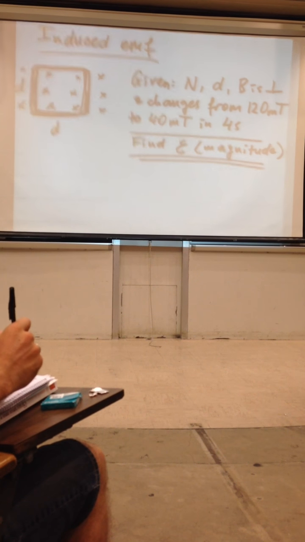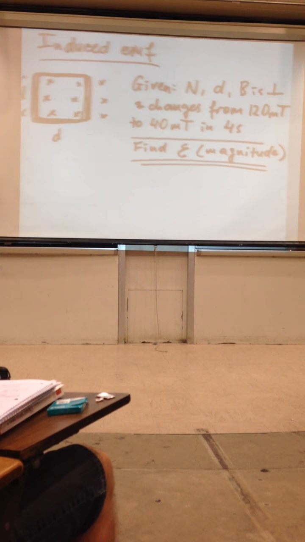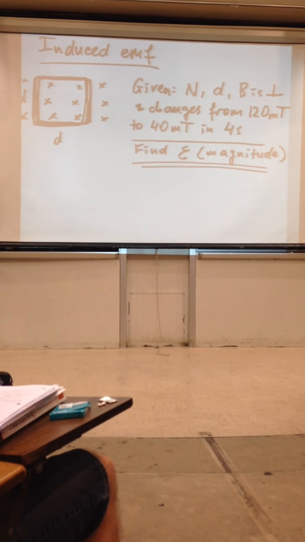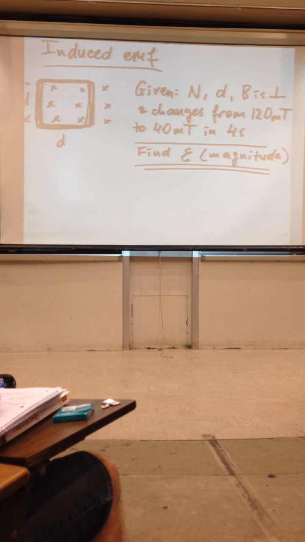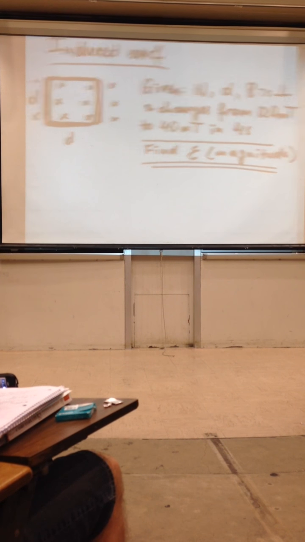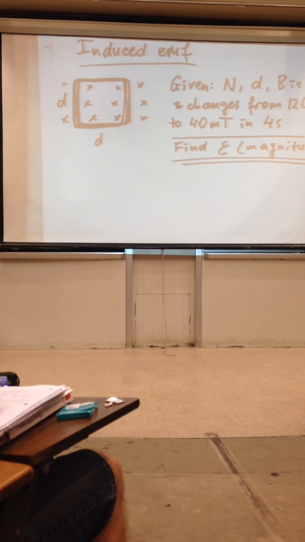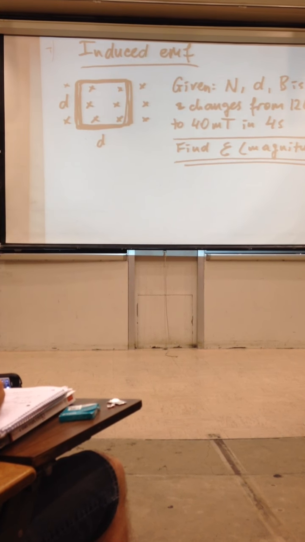Okay, let's consider now electromagnetic force. So we have a rectangular coil which contains like 500 turns. That number is going to be given, n. N is given, now this is actually a square. The size of this square is given, b, and something should change in order to have electromagnetic force.